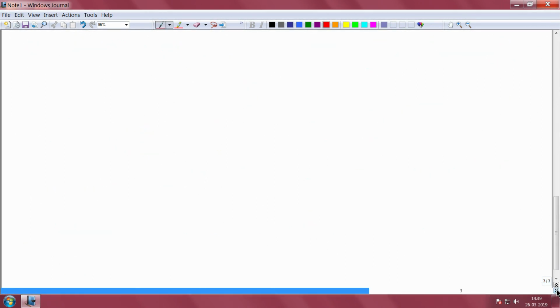Now, we move to a few definitions which are required. These are a few useful definitions.